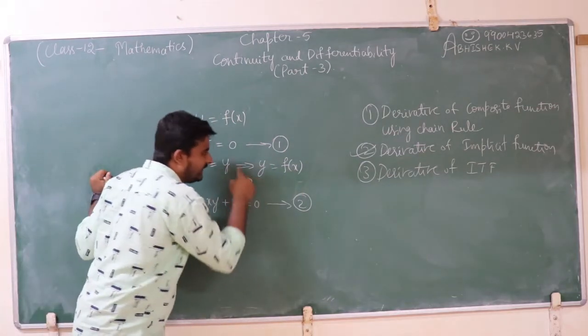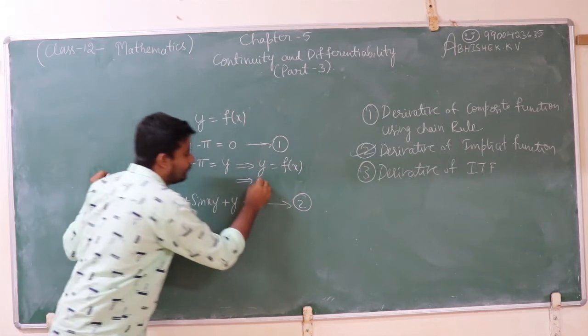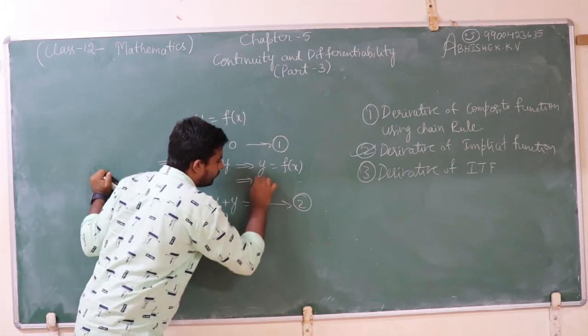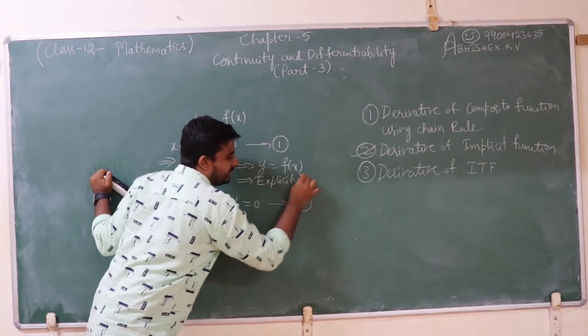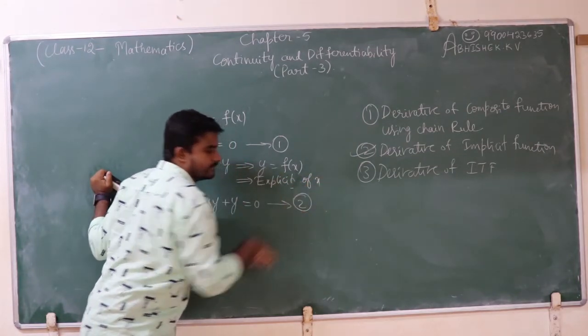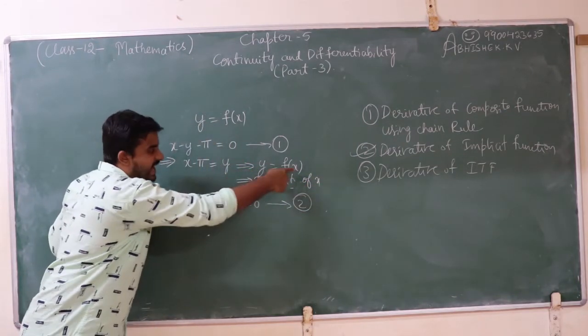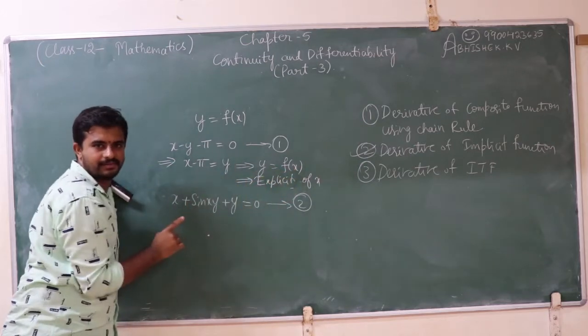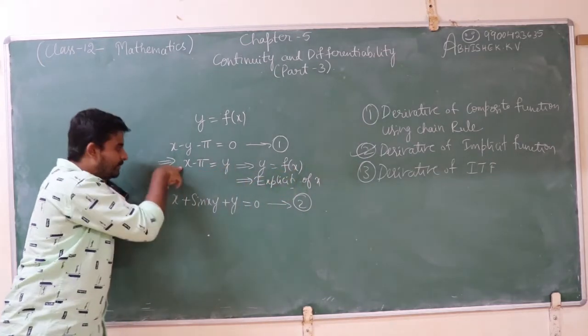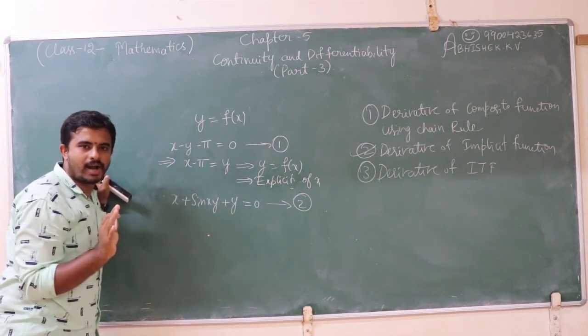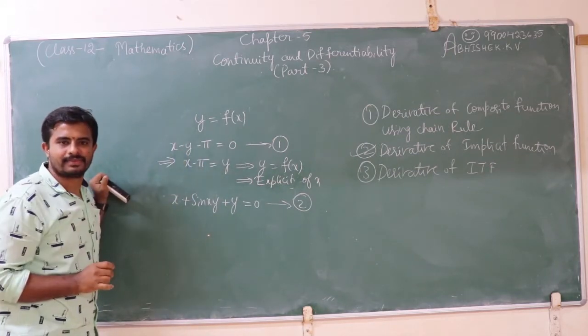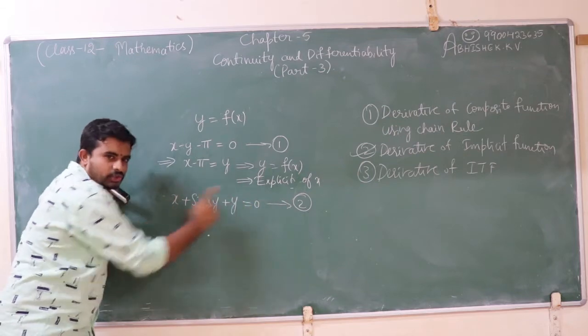So we call this type of equation explicit in x. That is, y is explicit in x. This type of equation is called an explicit function.